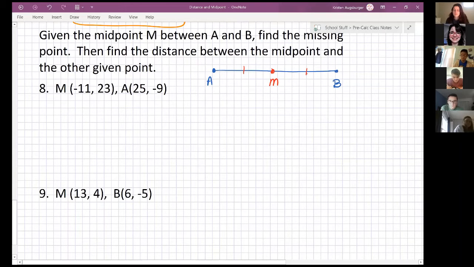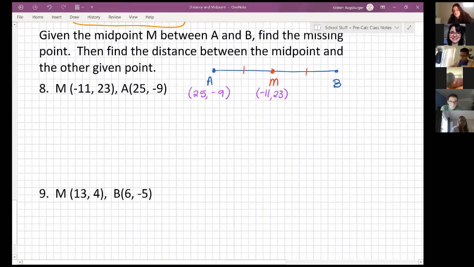There are a couple of different ways that you can do this. If I'm looking at problem number 8 here, let me give you guys a chance to write that stuff down. Okay, so I'm giving you a problem like number 8, and I'm telling you what the midpoint is, and I'm telling you another point.